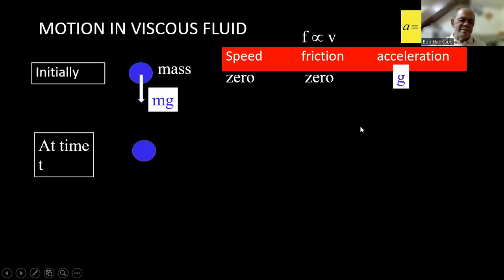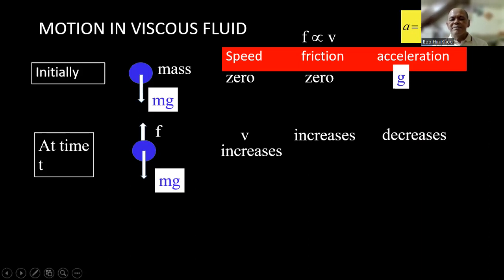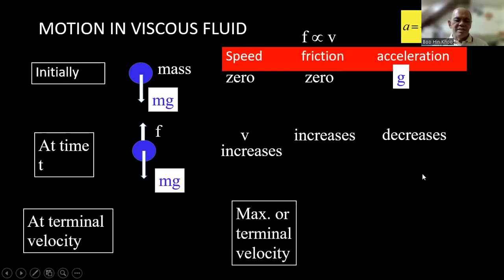At any time t, before terminal velocity is reached, there's your weight acting and your friction, drag, or air resistance acting. As the velocity v increases, the friction or drag F increases, so the acceleration decreases. At terminal velocity, the maximum constant velocity, your friction equals mg. So in this case, the acceleration is zero.